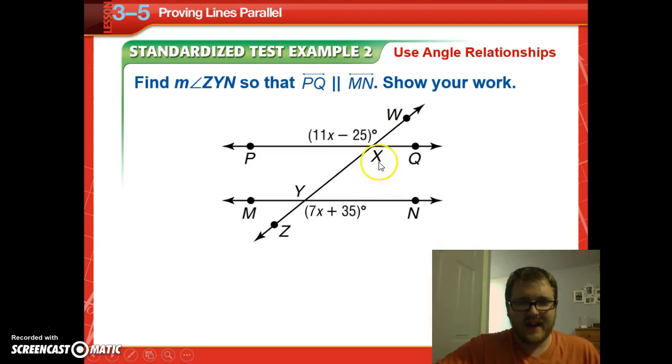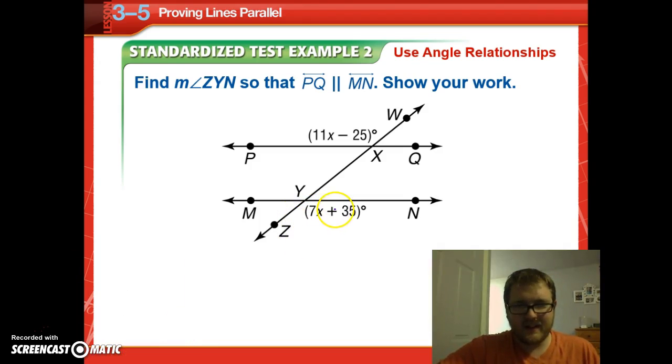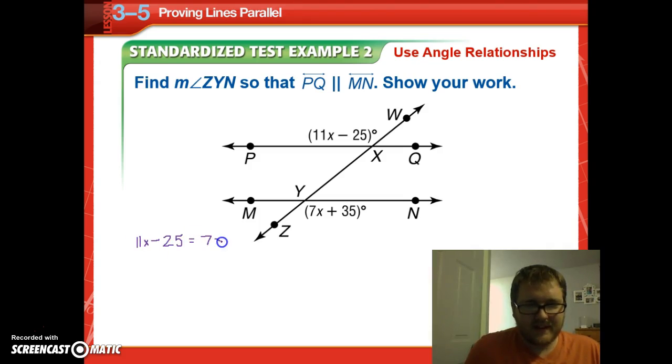They're also outside the lines, so they're exterior. Alternate exterior angles are congruent. And if you ever forget that, just look at them. They look pretty equal, so common sense should hint you toward the fact that they're congruent. So we're going to set 11x minus 25 equal to 7x plus 35.